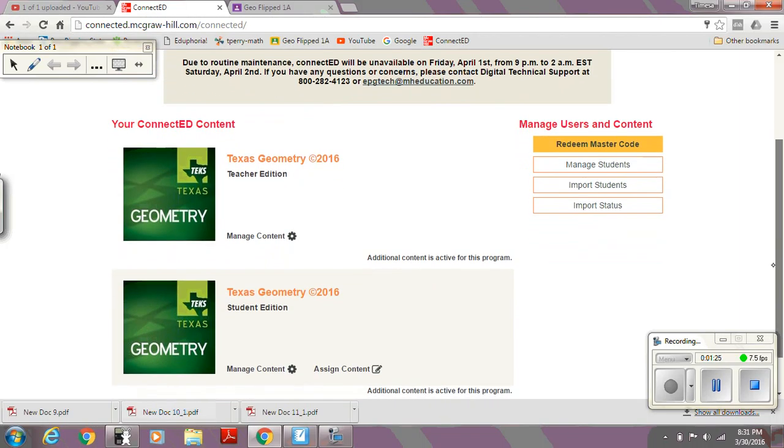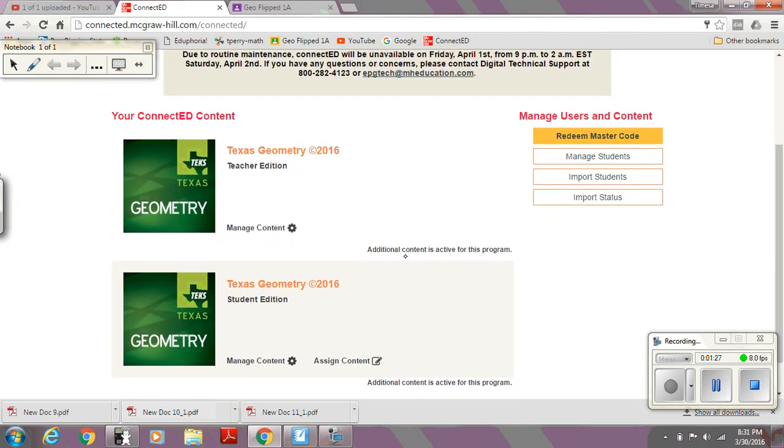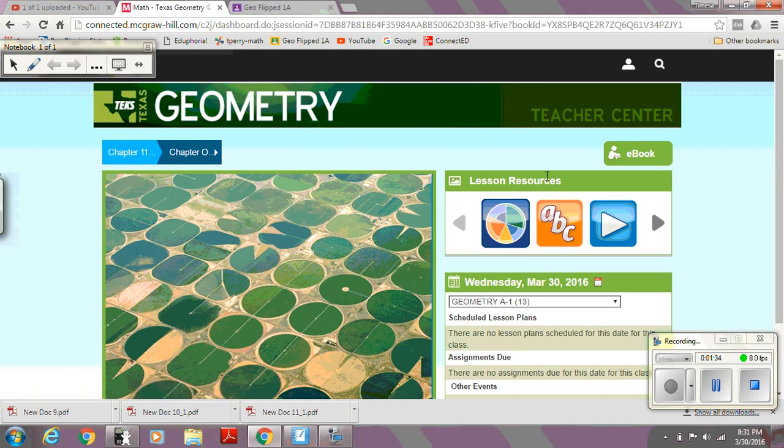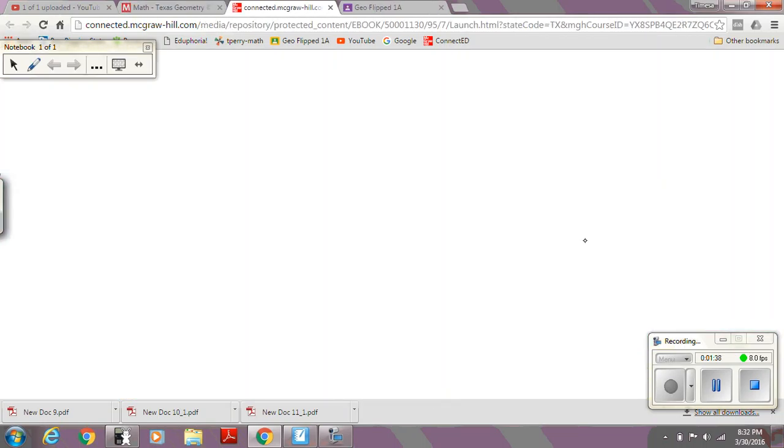As I have two, I can see the student edition or the teacher edition. Doesn't matter which one I click. And then you would go to ebook. And that's how you access the textbook online.